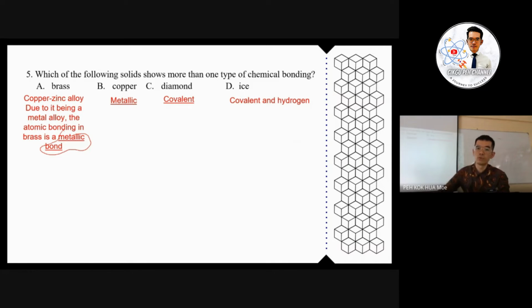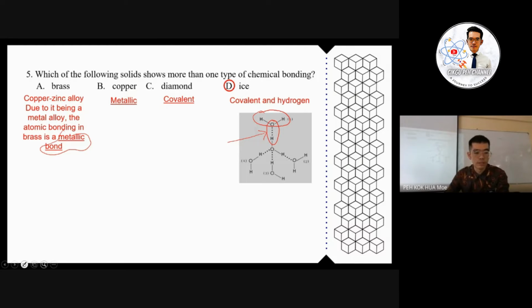So this is only one type of chemical bond. Then the second, copper, is also a metallic bond. Diamond will be covalent. Then ice has two chemical bonds here: covalent between the atoms within the water molecule, and then there is a hydrogen bond here. So the answer will be D.